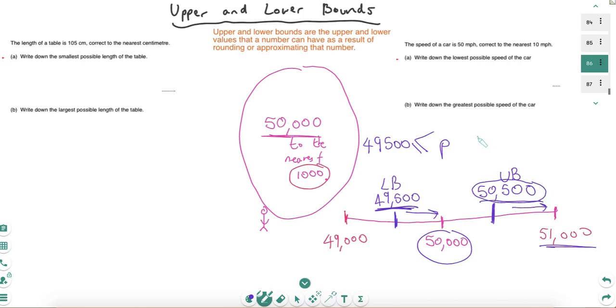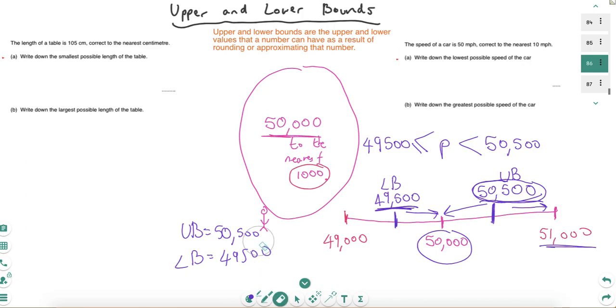So our number of people must be less than 50,500, because if I choose any number less than 50,500, like 50,499, it'll round back down to 50,000, which is what we want. So our upper bound in this problem is 50,500, and our lower bound is 49,500. Now let's look at upper and lower bounds for some other questions.